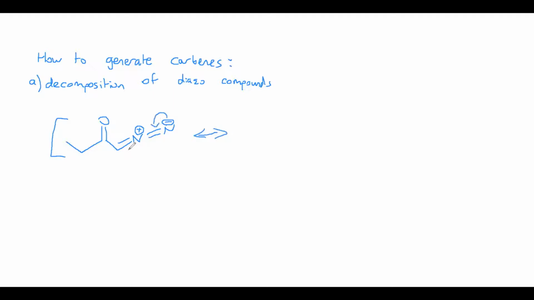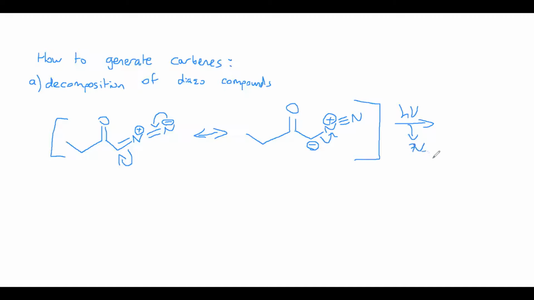So you move the electrons around, making sure that you end up with the negative charge on your carbon. So now we've set up the diazo compound so that we have the lone pair on the carbon. So when we irradiate this with UV light or when we heat it, we will lose the N2 and we will form our carbene.